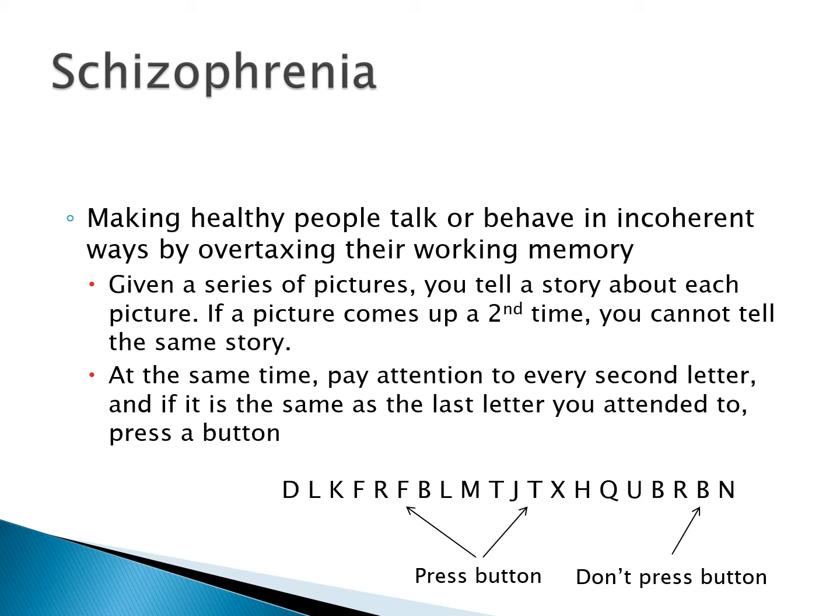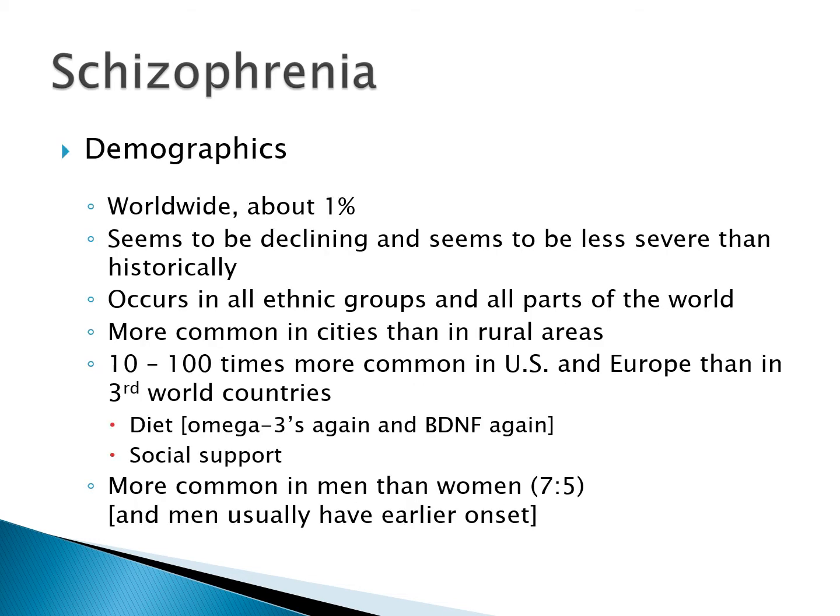But if a picture comes up a second time, so that they have to inhibit that first story, they can't tell the same story, that's when they start to sound a lot like a schizophrenic person, having very disorganized speech, and they're not telling coherent stories. And so now we're making healthy people behave like schizophrenics in this really cognitively overloading task.